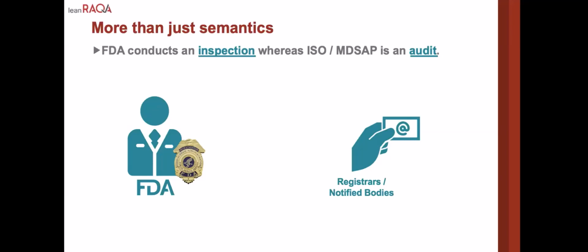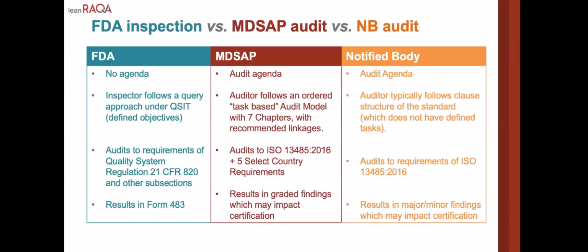At the very least, if they're not commissioned officers, they come in with some pretty hefty issued government credentials. Whereas the registrars are just card carriers. You're going to get a business card at the beginning of this, but it's not the weight of a government official showing up for an inspection.